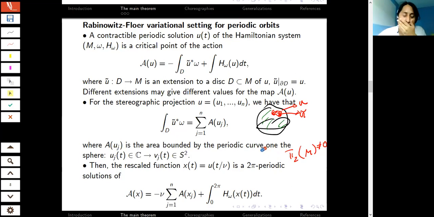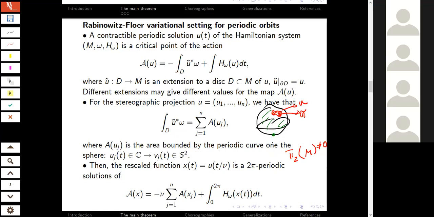In our case, the extensions are going to be given naturally because I am going to work in the stereographic projection, where I always remove the south pole. Because I remove the south pole, the extension is the only extension that I can do in the plane.